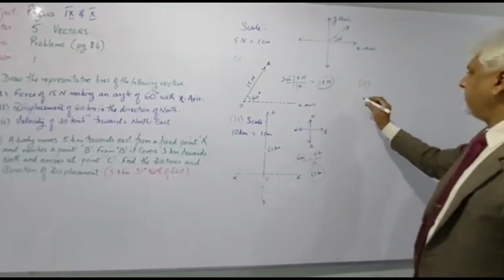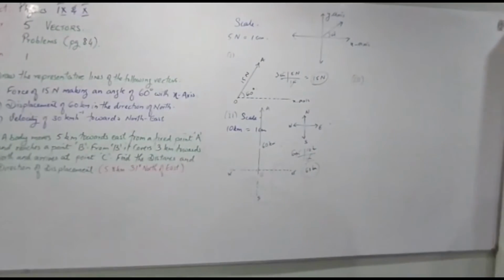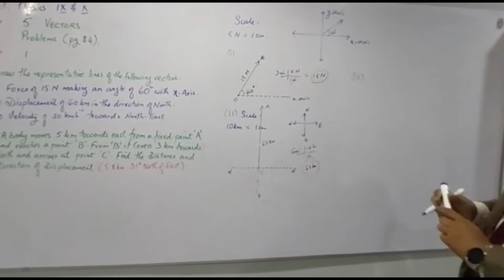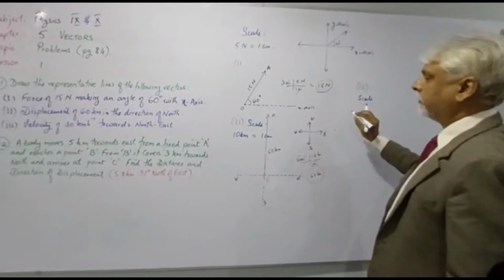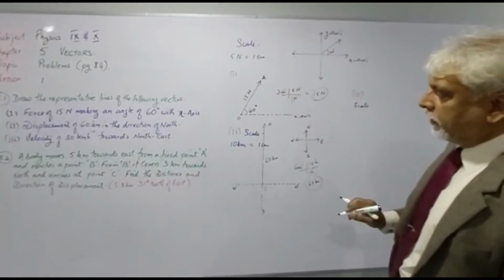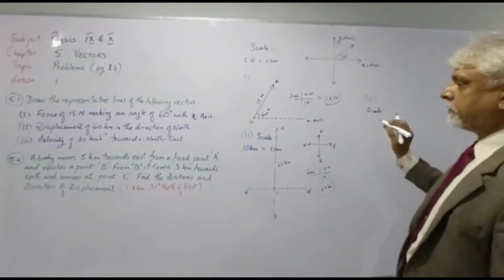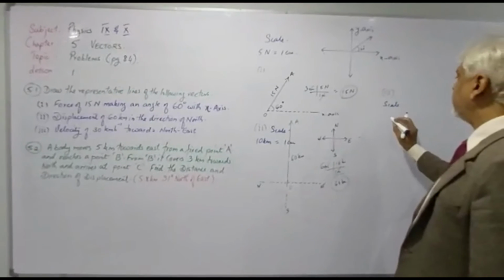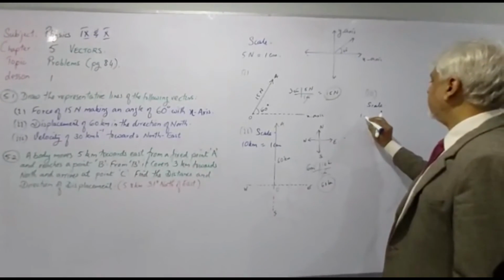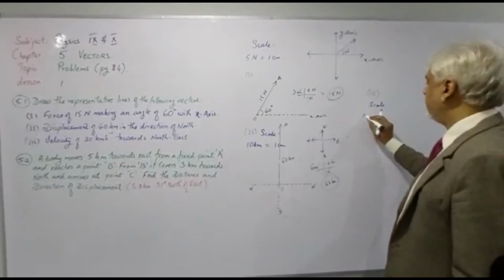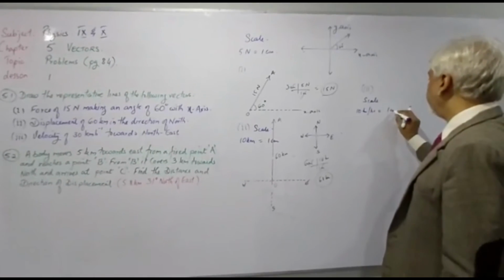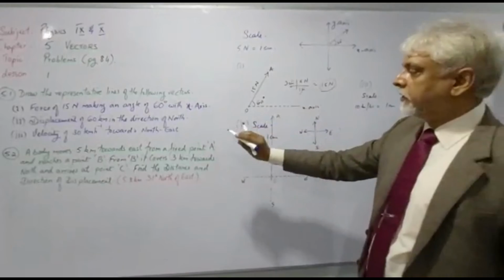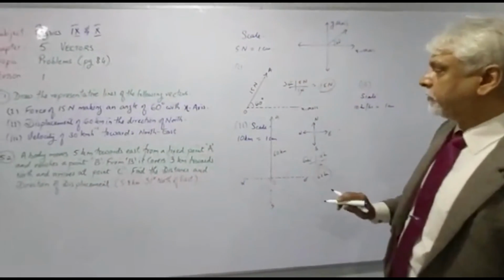So again, your scale. 30 kilometers per hour means again 3 centimeters, so I can say 10 kilometers per hour is equal to 1 centimeter, so 3 centimeters will mean 30 kilometers per hour towards northeast.